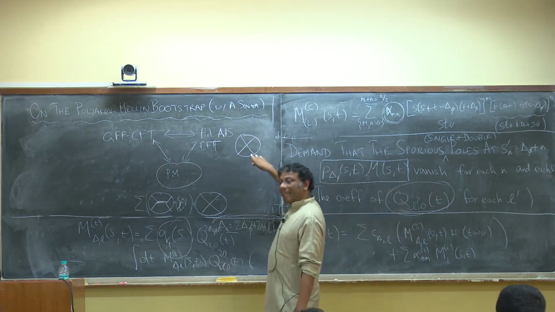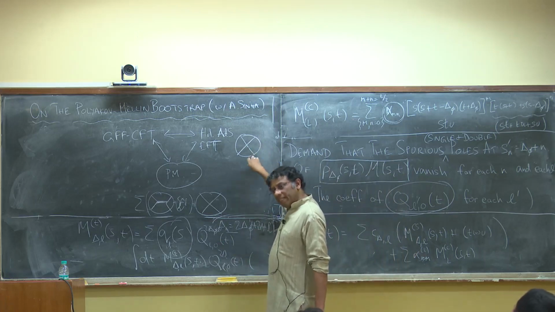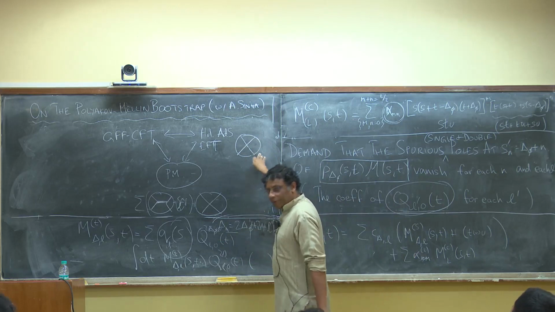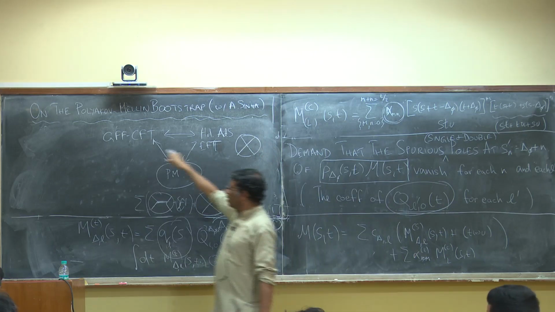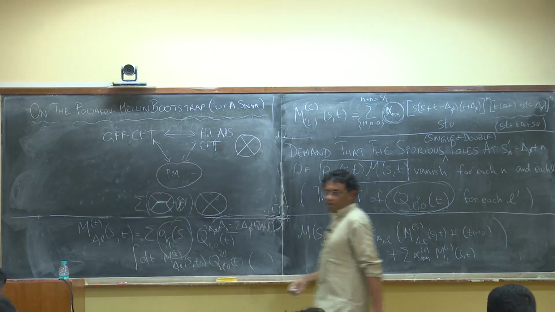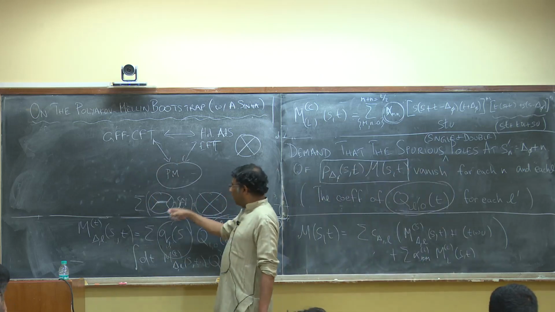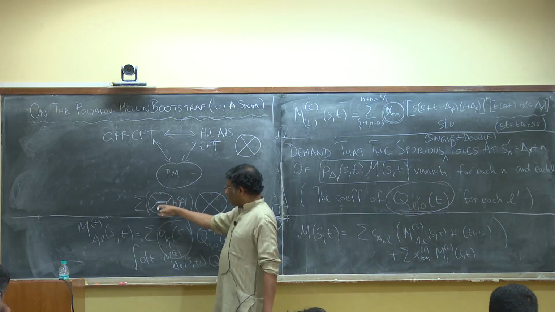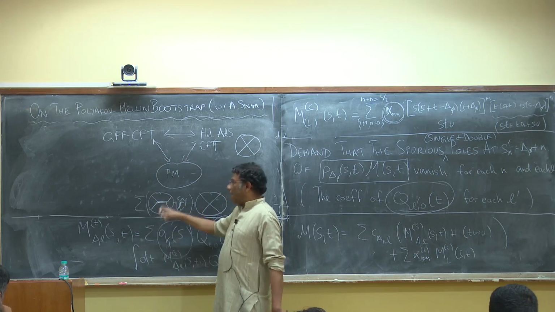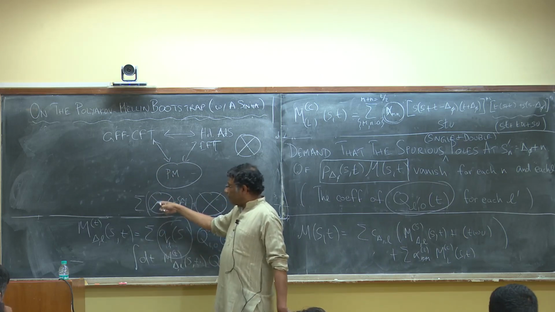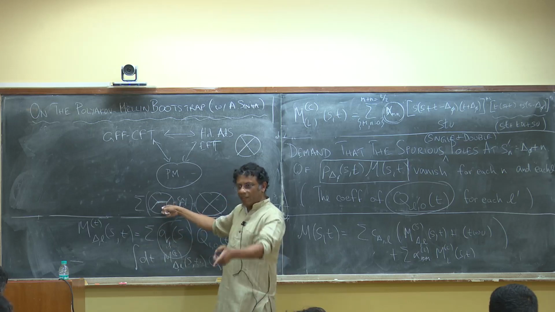Here, they don't cancel the logs. They have this term, and they read off the anomalous dimensions from this log, and that is the same as what they have over here. So here, what we find, in fact, is that if you put in these double trace terms here, there are two sets of poles, to answer your question.